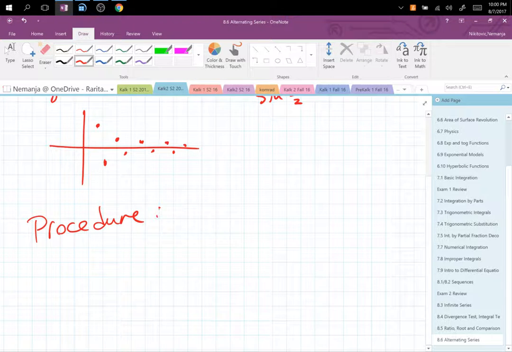The first thing you do is free up a_n. You're looking at negative 1 to the n times a_n, and you free up a_n.